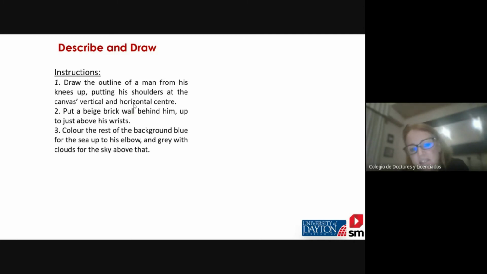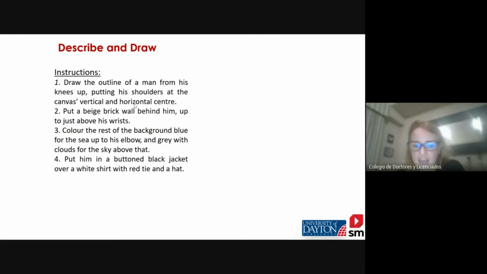Color the rest of the background blue for the sea up to his elbow and grey with clouds for the sky above that. Put him in a buttoned black jacket over a white shirt with a red tie and a hat. And draw a green apple floating in front of his face.